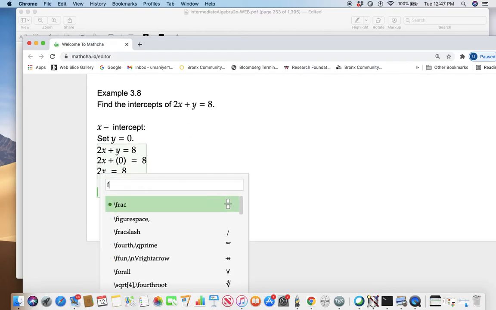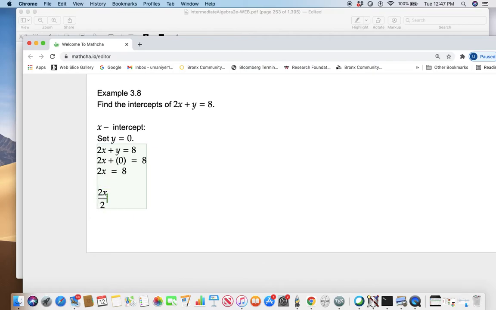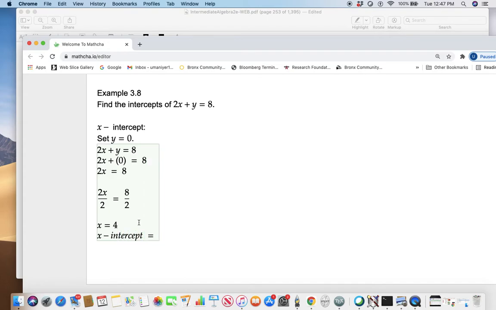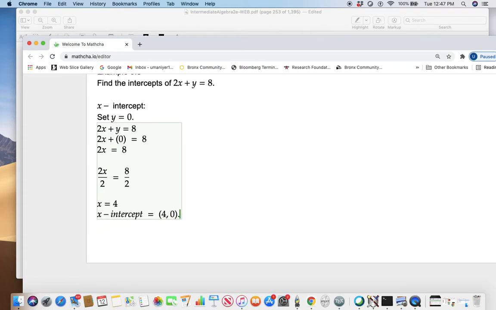Divide both sides by 2. X equals 4. So y is 0, x is 4. So you get your x-intercept. X is 4, the first coordinate. Y is 0, the second coordinate.